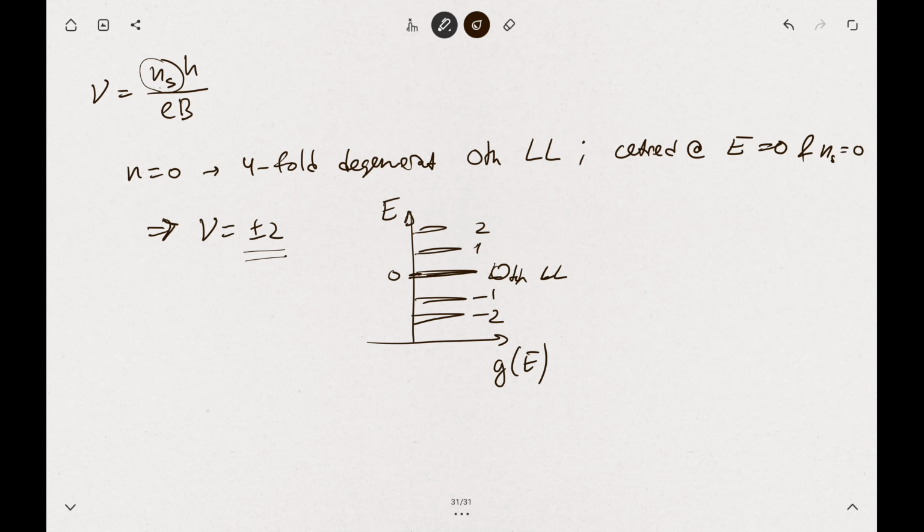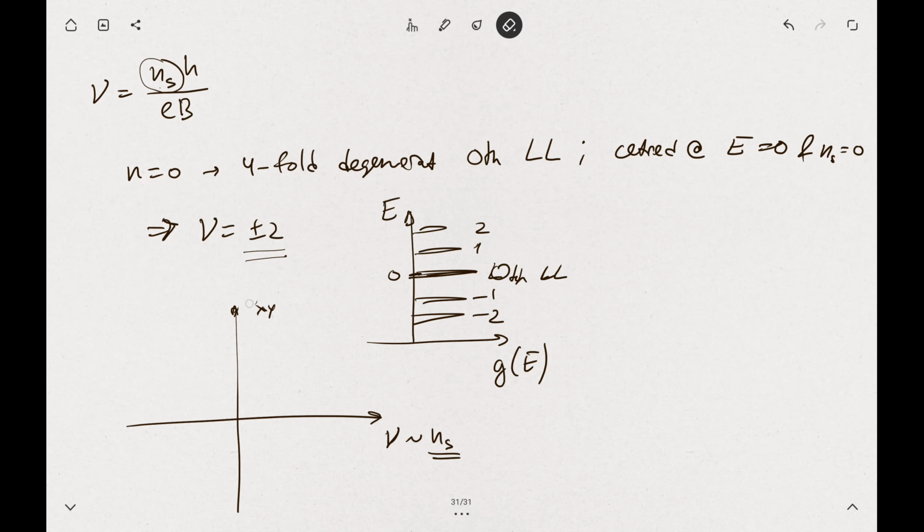So if we have this as our filling factors, which is kind of proportional to the density of states, to carrier density. And this is, for example, rho xy, just to see the quantization. Better to use sigma xy because that's non-equidistant.